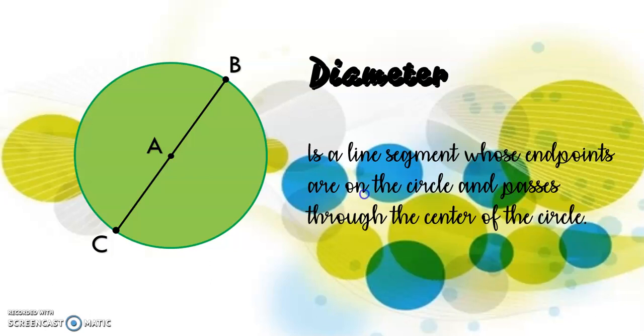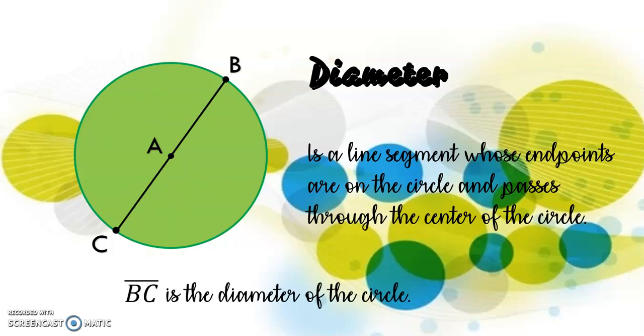So therefore, that is the diameter of the circle. And the diameter is also known as the longest chord of the circle, and its length is twice the radius.